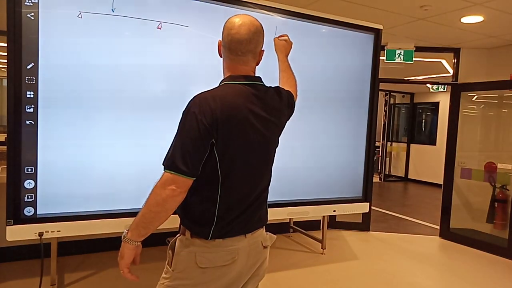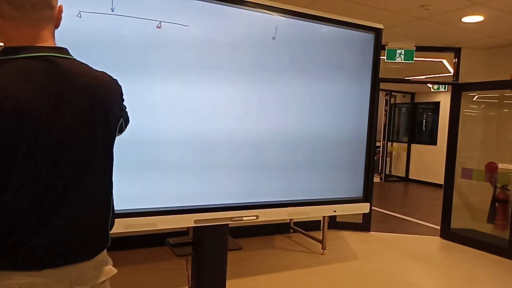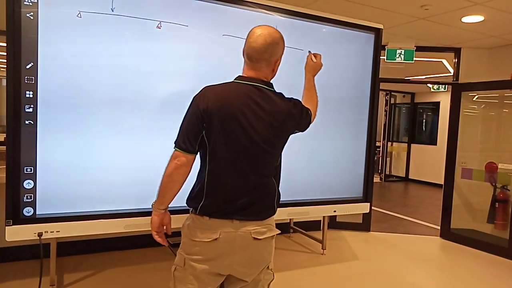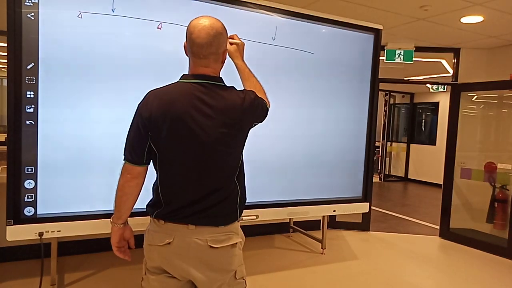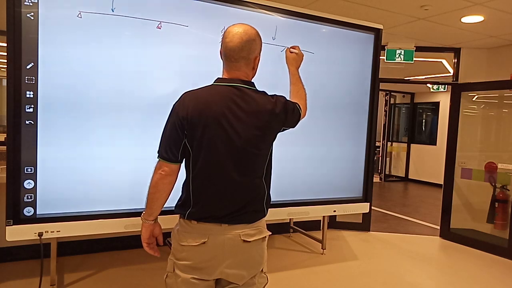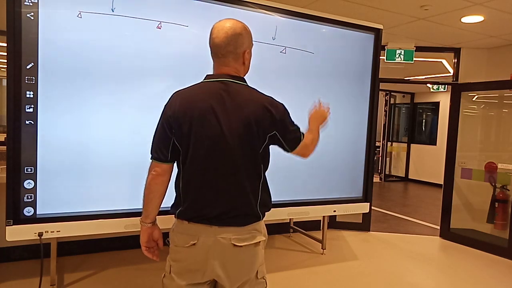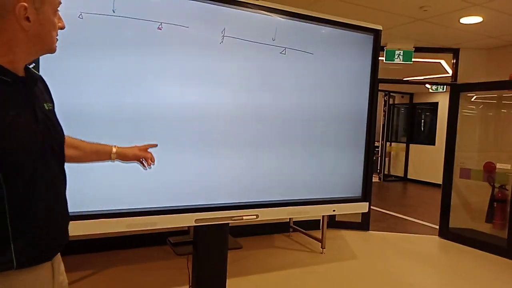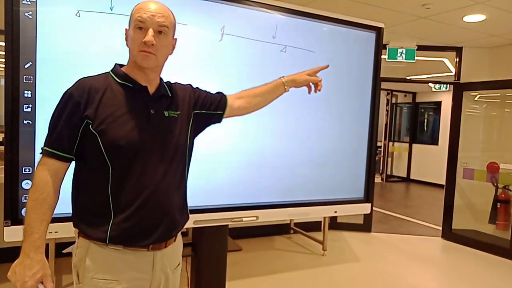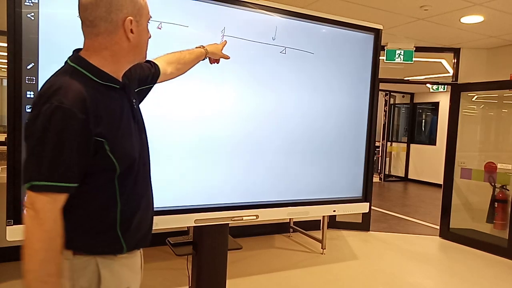There's our force for the next beam. I'm about to draw in a statically indeterminate beam. That same shape beam, same force on it, that is a statically indeterminate beam. Okay, do you know what that means?